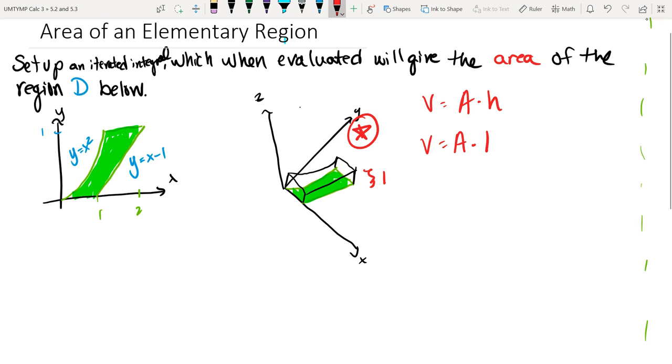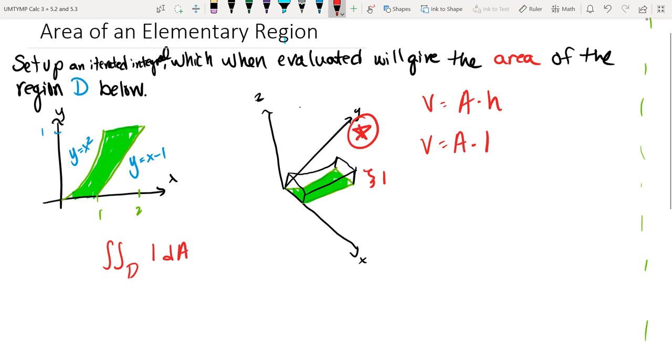So to find this area, we can say this is the double integral over our region D of the function 1 dA. And that's going to give us our area. And now we know how to do all this.